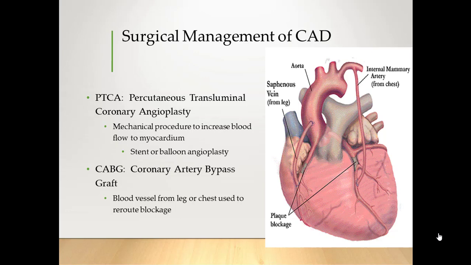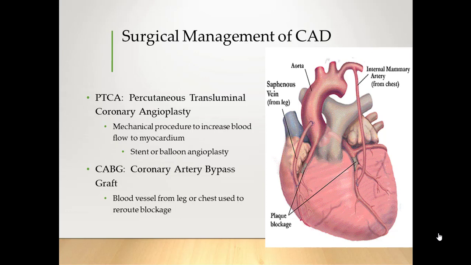And most common that we're going to see is a CABG, a coronary artery bypass graft, whether it's a double, a triple, quadruple. In the picture here, it shows us that wherever the blockage is, there's a vein taken from the leg that bypasses the blockage, so we can get more blood flow to the heart muscle again.